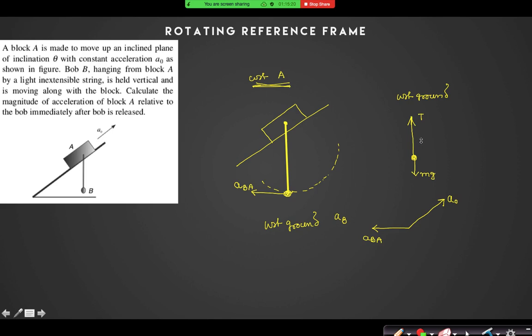So is it possible that with respect to the ground, at this particular instant, it has some horizontal acceleration? No. So can I say that the resultant of these two accelerations is only along this vertical line? Yes, sir. So if the resultant is only along the vertical line, then can I say that this a_BA is definitely equal to a0 cos theta?